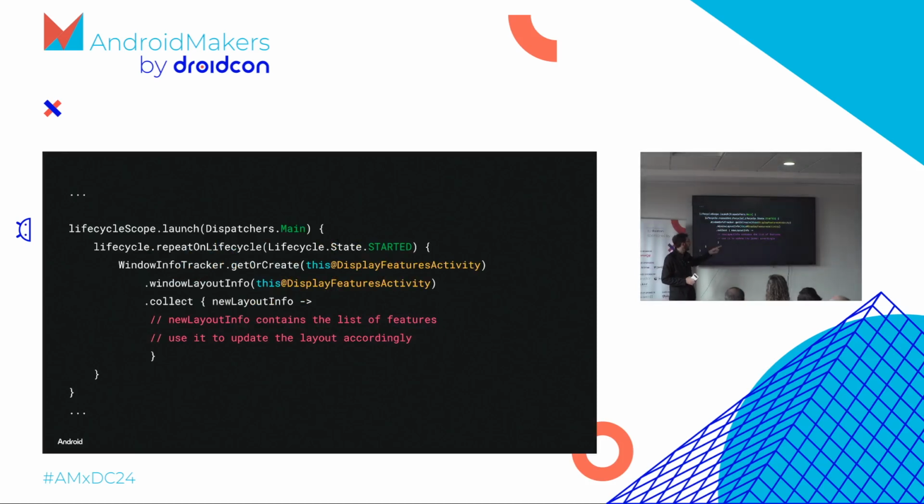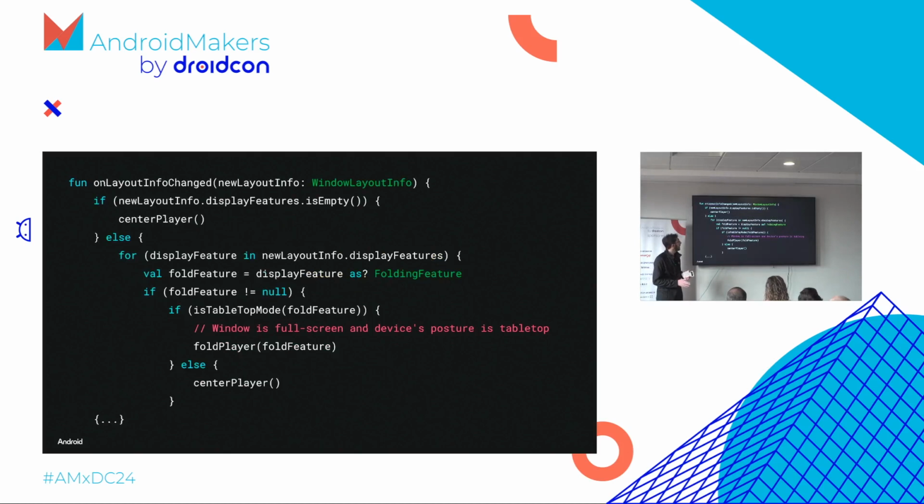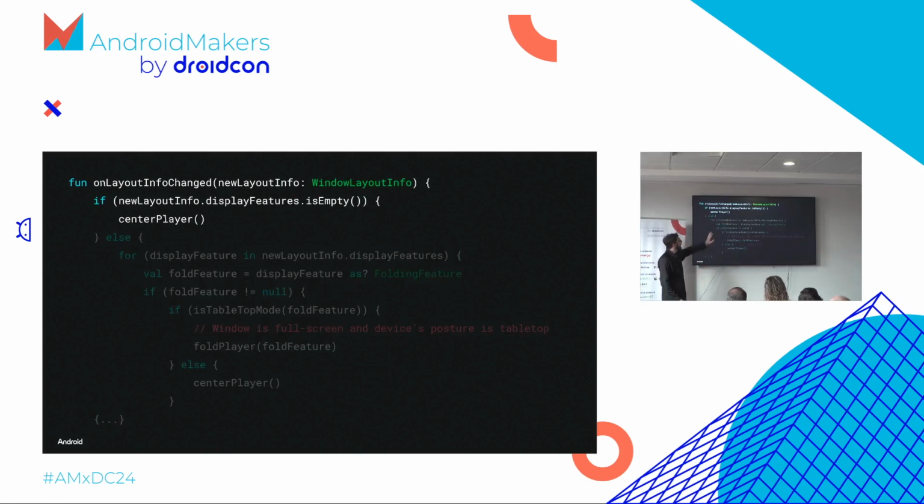We were here in the last slide, so we collect the layout info. We call a function with the layout info. Let's see the example of the media playback. So if the list of features is empty, what does that mean? It's not a foldable?